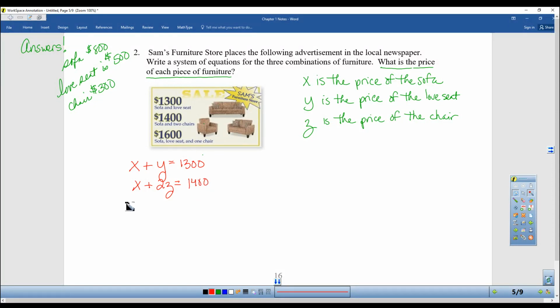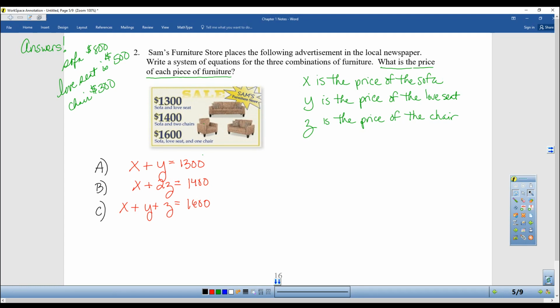Or maybe you buy a sofa, a love seat, and 1 chair. That would cost you $1,600. So how much are they individually? You can solve this system of equations. Remember, you're always starting with 3, and your goal is to get a system that only has 2 variables in it.